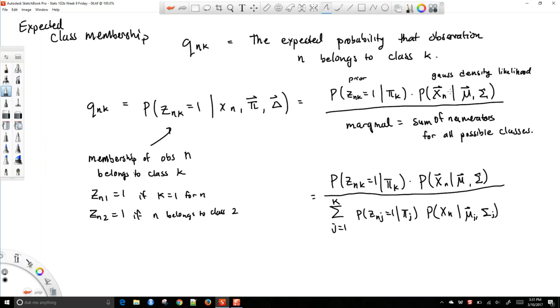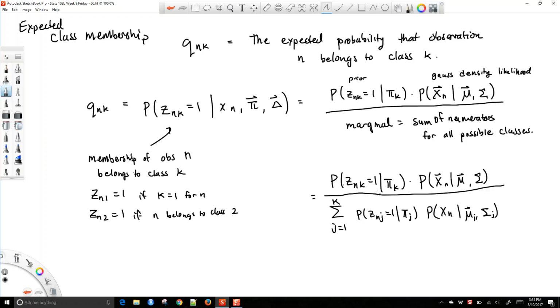So actually, I shouldn't say this is naive Bayes. It would be more like the Bayesian classifier. It's not naive Bayes because we're not making the naive Bayes assumption. But this part is a Bayes classifier, right? We are estimating the probability that it belongs to class K based on our current estimates of those class probabilities. I mean, of those class parameters.